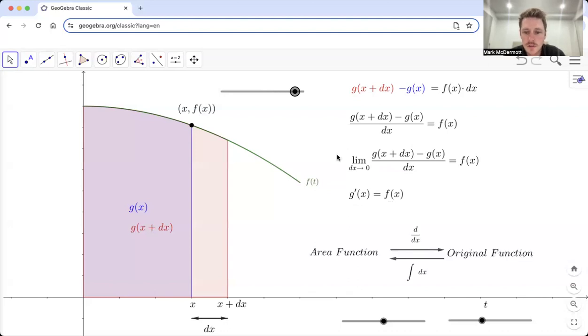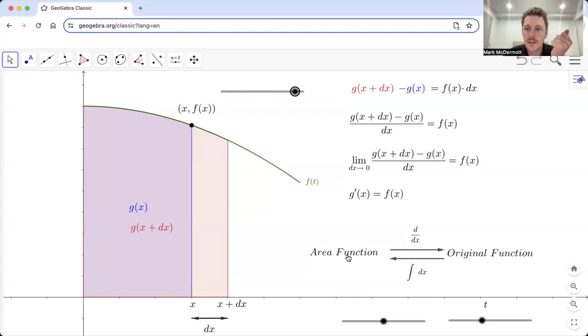So I suppose our final conclusion would be this. The area function, if we take the derivative of that, gives us our original function. And by the reverse logic, if the derivative of the area function is the original function, then the antiderivative of the original function is the area function. That's the big idea here of the fundamental theorem of calculus.